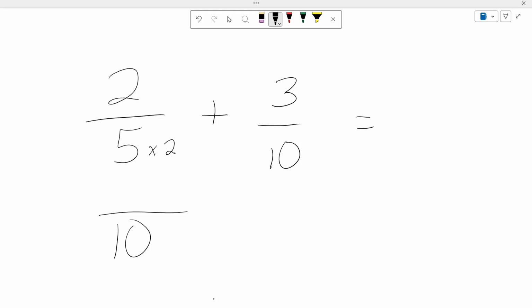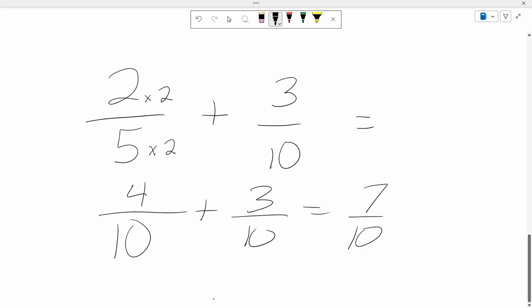There we go. All right. So 5 times 2 is 10, right? So if you take the bottom by 2, take the top by 2, so it's 4/10 plus 3/10, which is 7/10. Now some of you took 10 times 5 and got to 50 and then had to reduce. That's fine. You can do it that way. Okay?